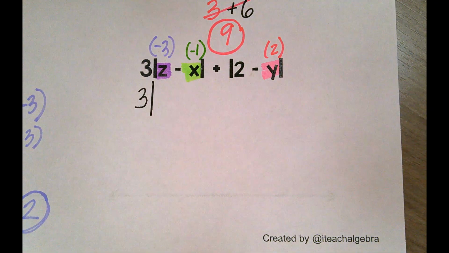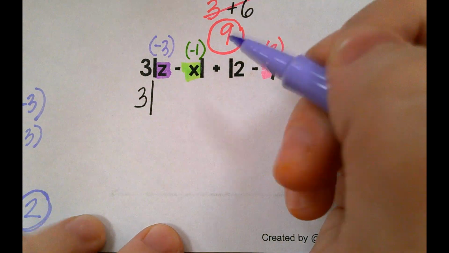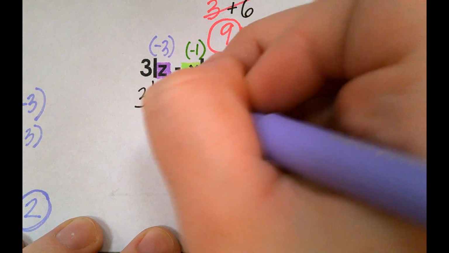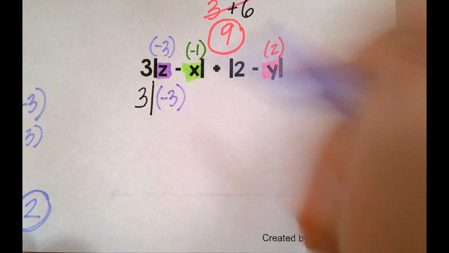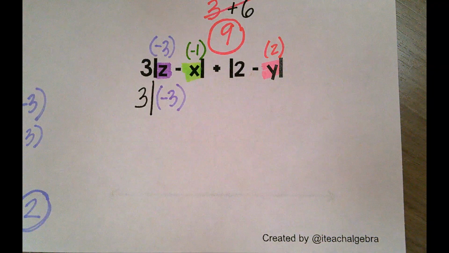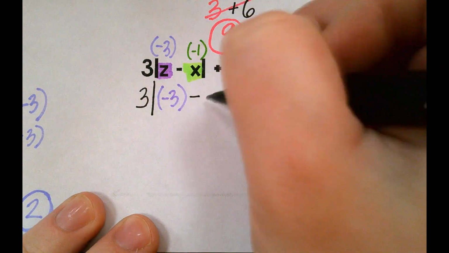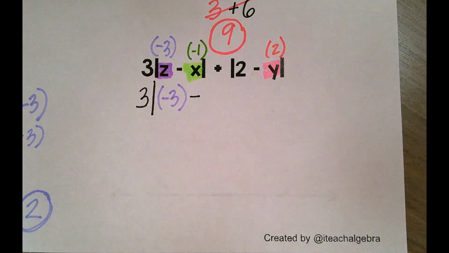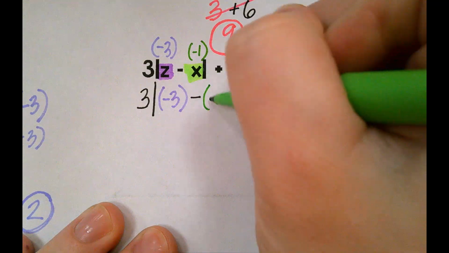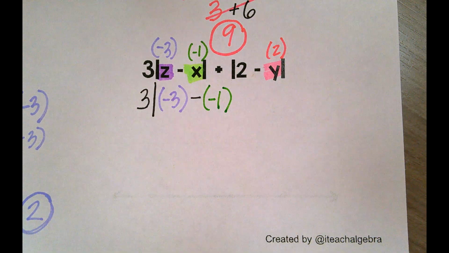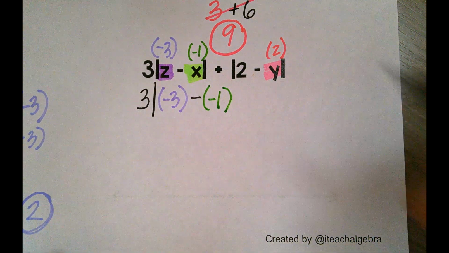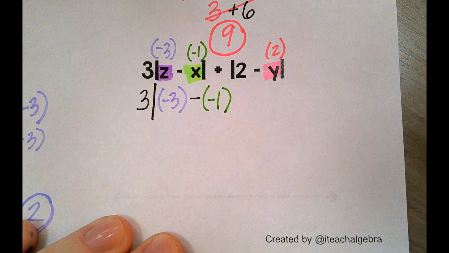What do I write next? Good. -3 minus -1. What's after -1?